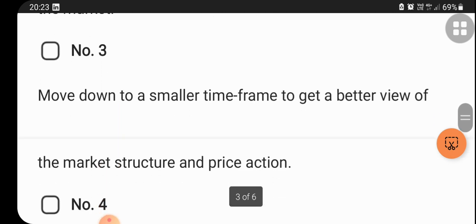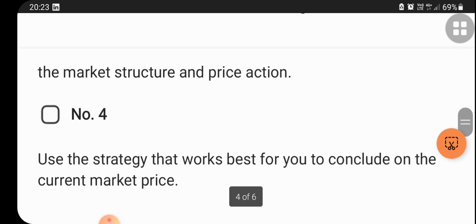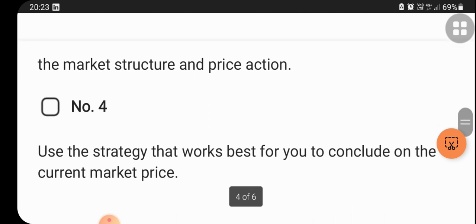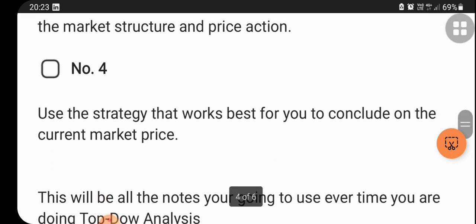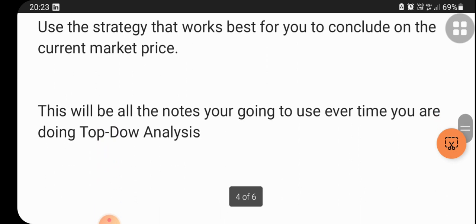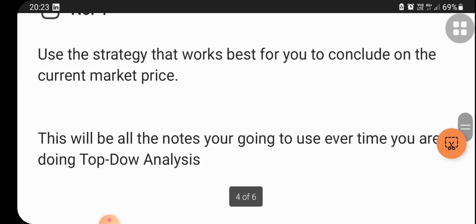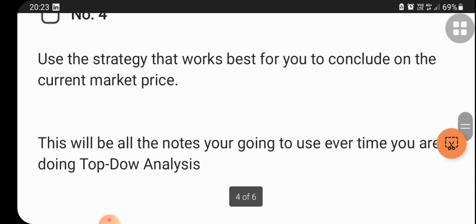Moving down to a smaller time frame, you're gonna get a better view, and then you check out the market structure and what it's giving you. Our fourth step is that you use the strategy that works best for you to conclude on the current market price. And the strategy that we're gonna be using here is called the Market Heist top-down analysis.